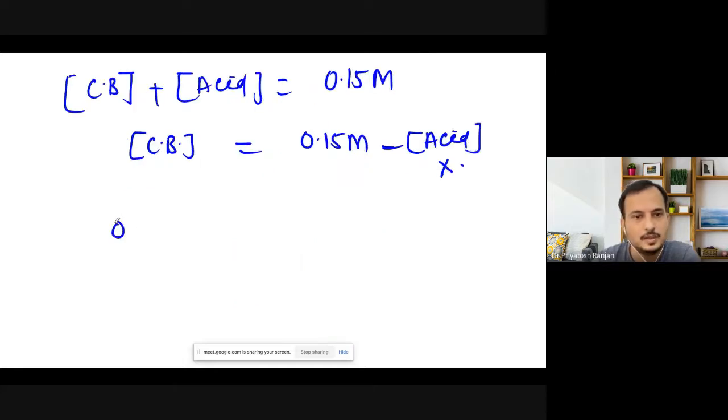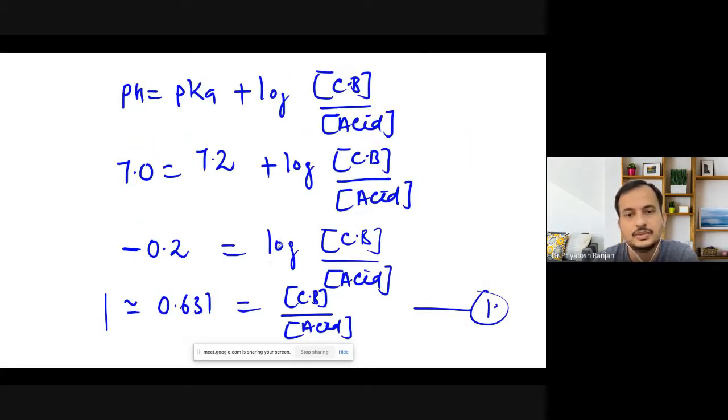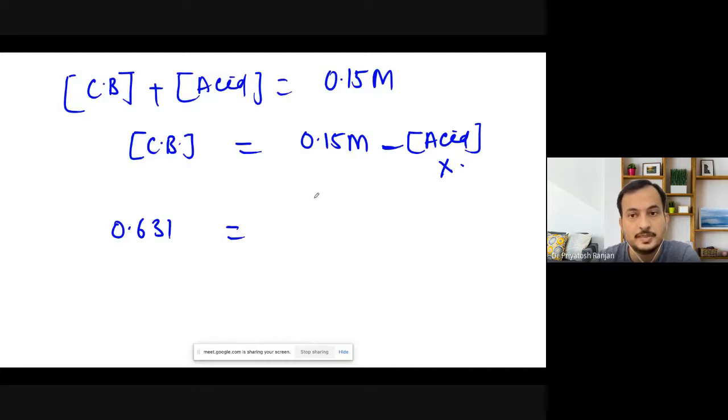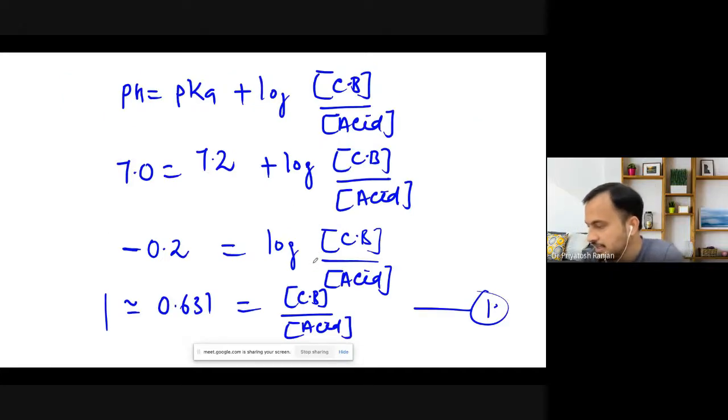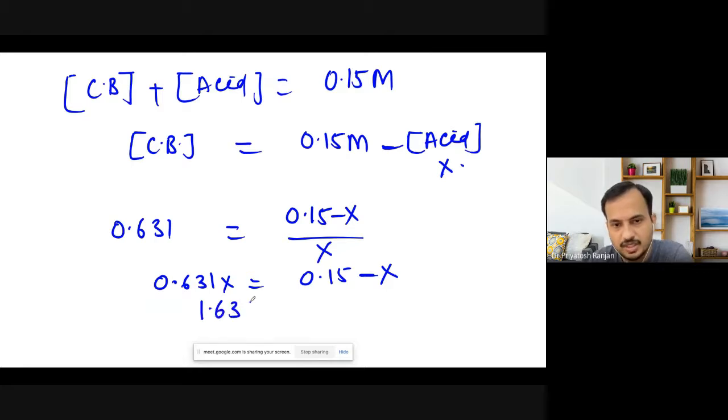So 0.631 equal to the concentration of conjugate base, which is 0.15 minus X, divided by the concentration of acid, which is X. Solve it for X, which you are going to get as 0.631 X equal to 0.15 minus X. So you will get 1.631 X equal to 0.15.